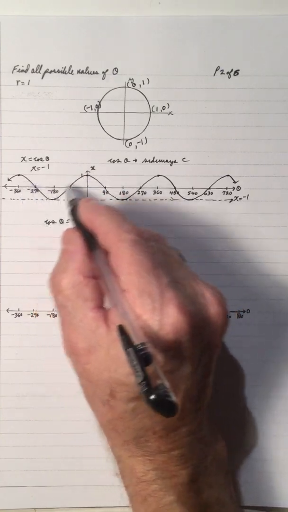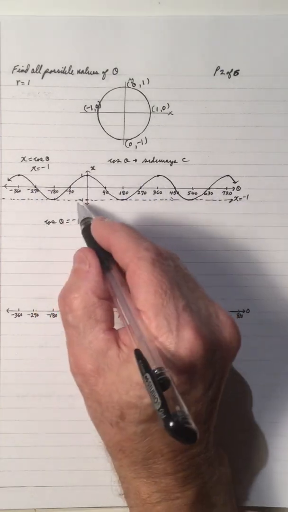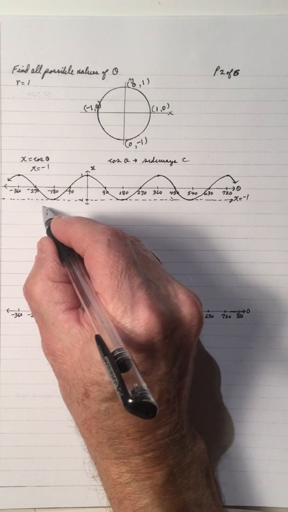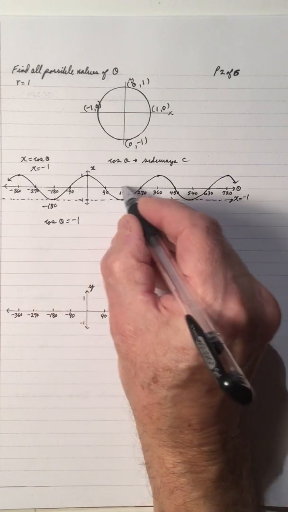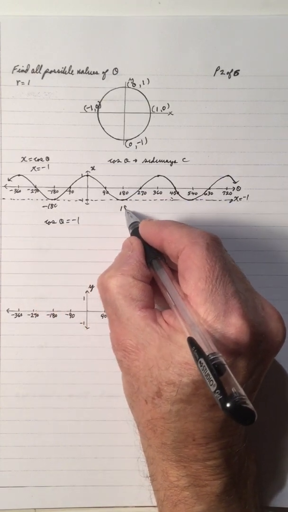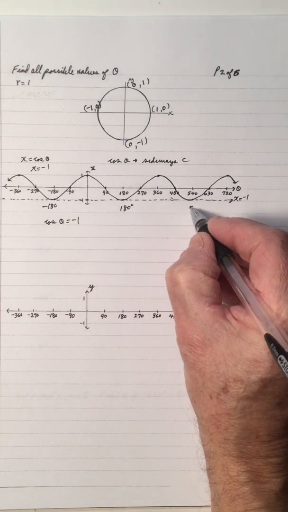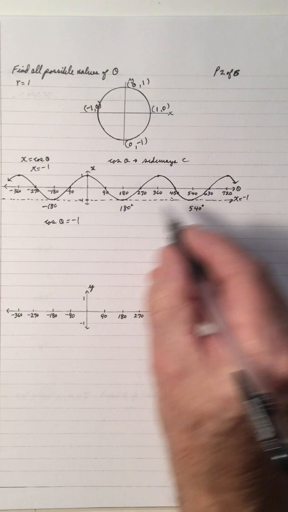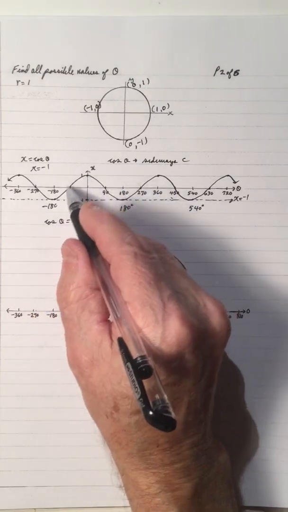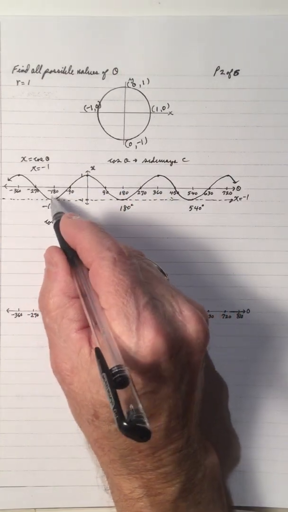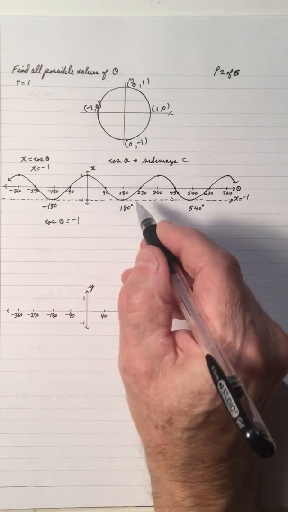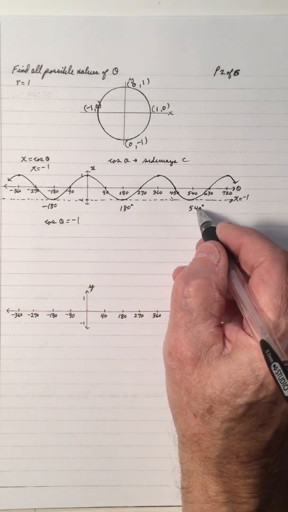This is the cos graph, and at -1 we have -180, 180, and 540. So the cos theta graph has a value of -1 at -180, 180, and 540.